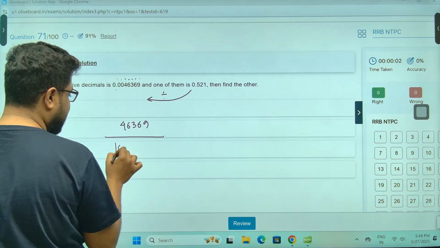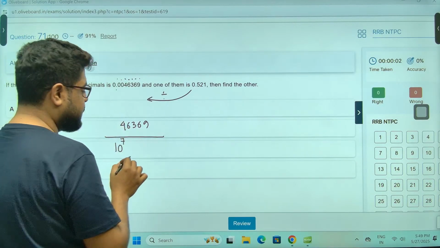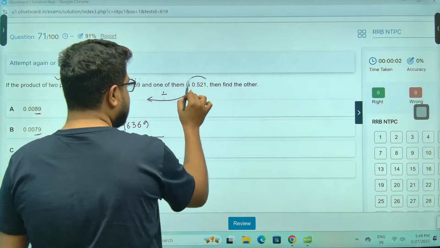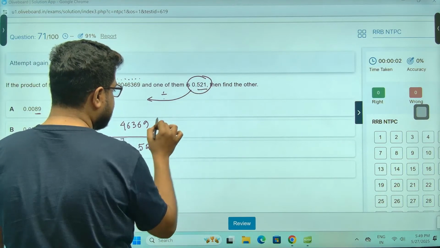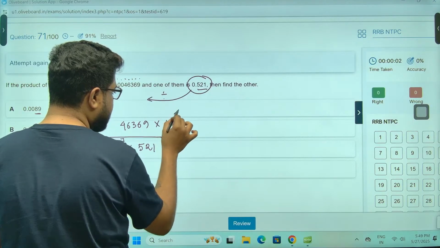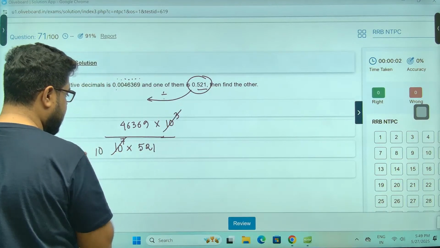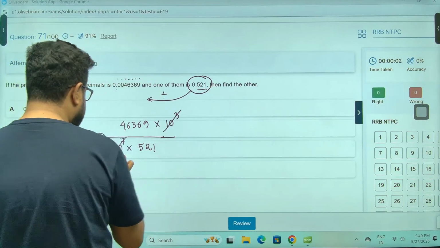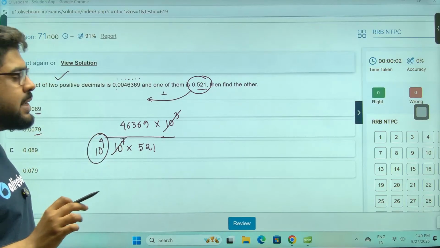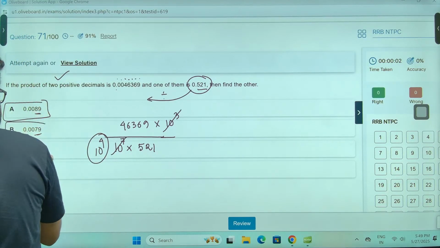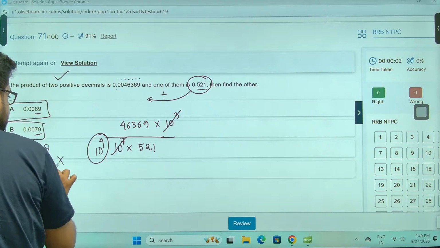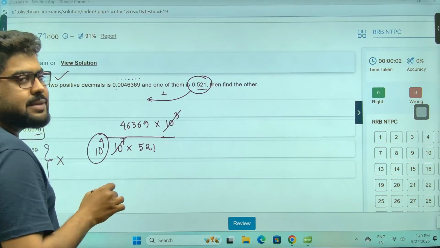I'm just writing it as 10 to the power 7, into this one, by 521. 3 zeros meaning it will be 10 cube. So you do this, it will be 10 to the power 4. My answer will be either this or this, not these two, because I need 4 places after the decimal.